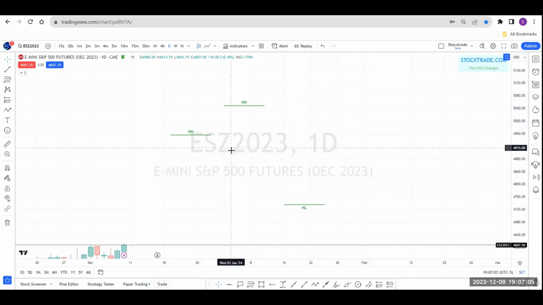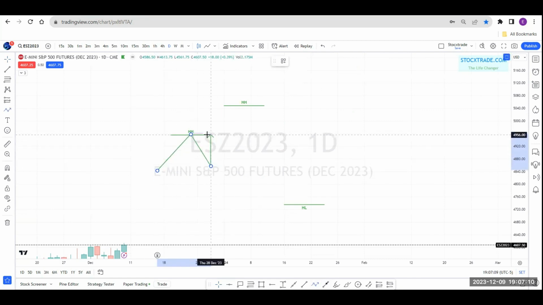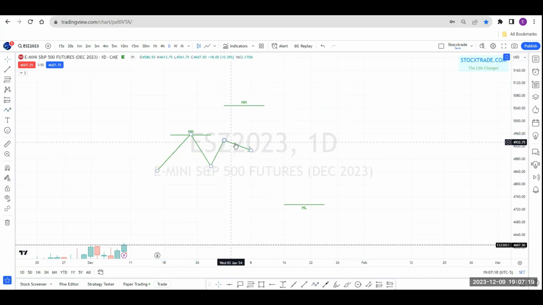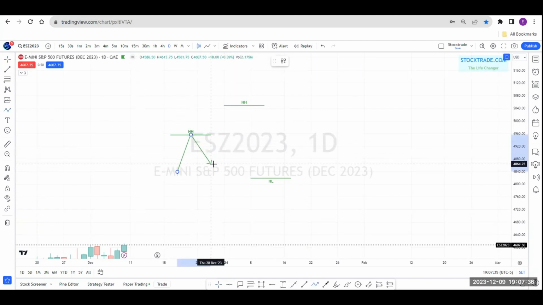If the price is here, there is no high low. I cannot say that this is high low, but once the market will break this previous high, yes, now I can say that my high low has been confirmed.